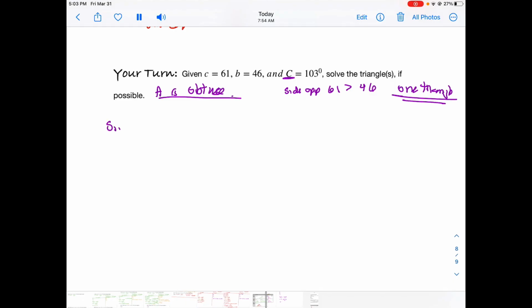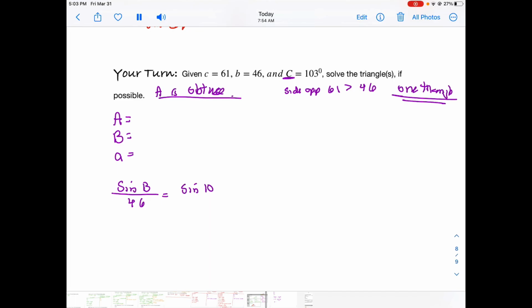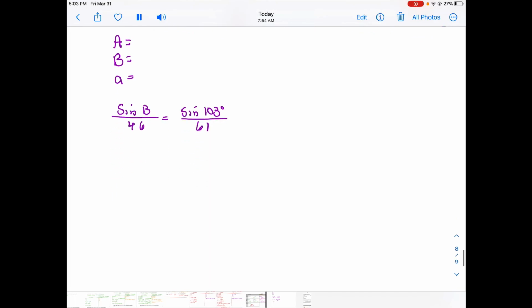So I can just set up my law of sines, and we'll start by solving for sine of B. I need to find angle A, angle B, and side A. We'll start by finding angle B. So sine of B is to 46 as the sine of 103 is to 61. And then we'll solve this using the law of sines.